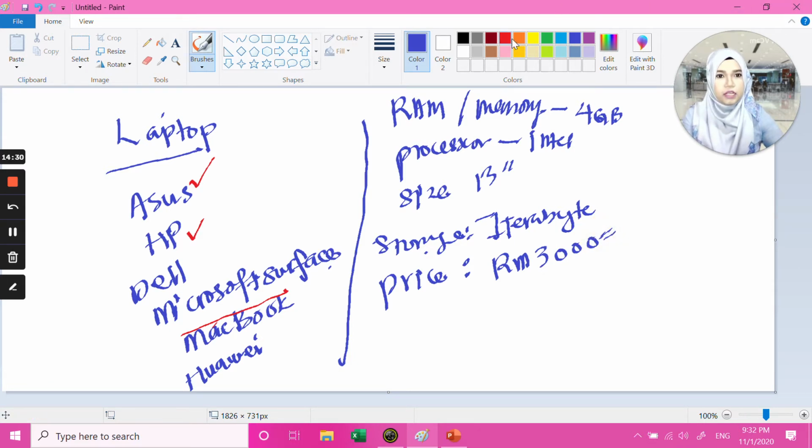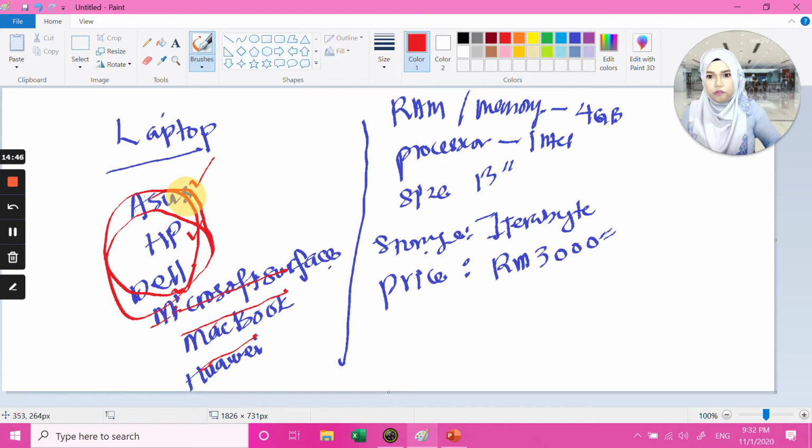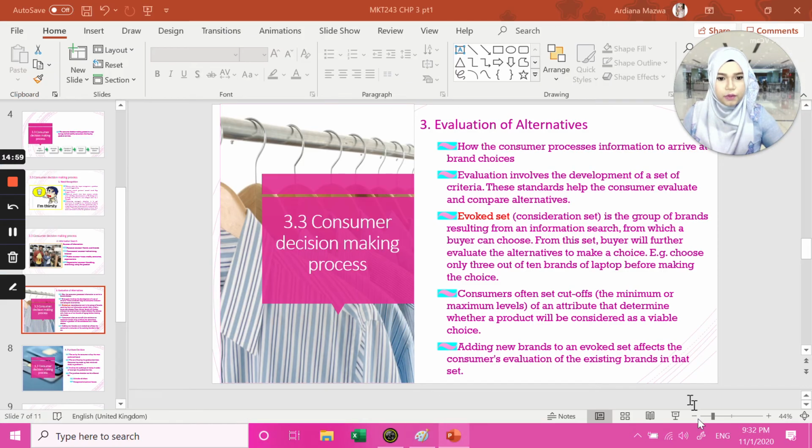By looking at this particular criteria that you set, perhaps you cannot buy Microsoft Surface because it's too expensive. Huawei also too expensive. Now you are left with Dell, HP, and also Asus. Now these 3 brands are what you call your evoke set. Got it? Okay. So next, let me continue with the slides.